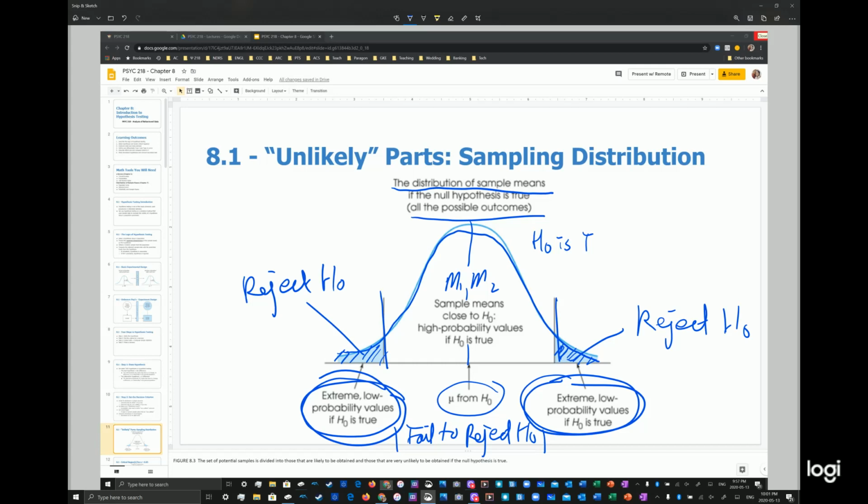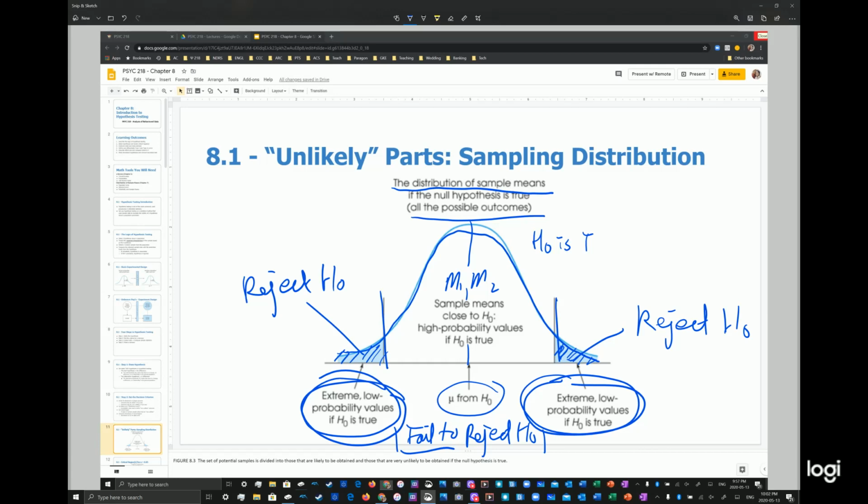Again, you could get the same value, but the data is different. So we can't accept the null because by default, the sample mean is not the same as the population mean. We can only look at the sampling distribution and go, yeah, you can expect a value that is close to the mean, but not far enough for us to say that there is a difference. So that's why it's fail to reject, not accept the null.